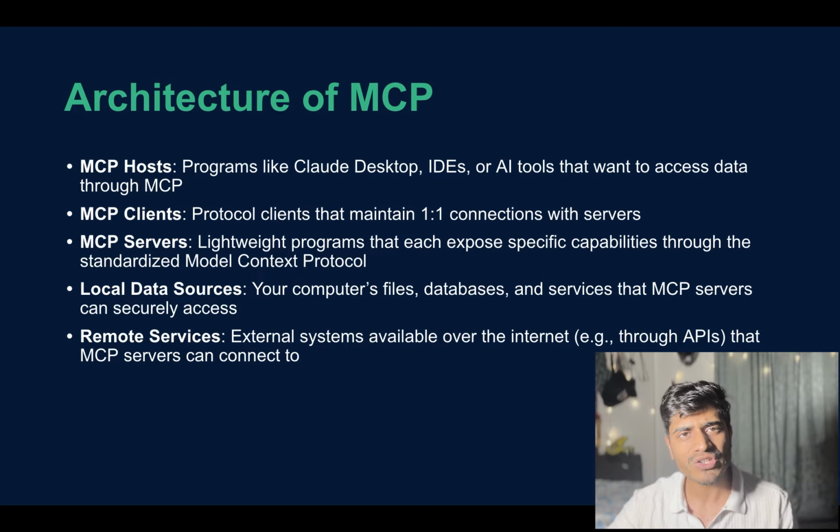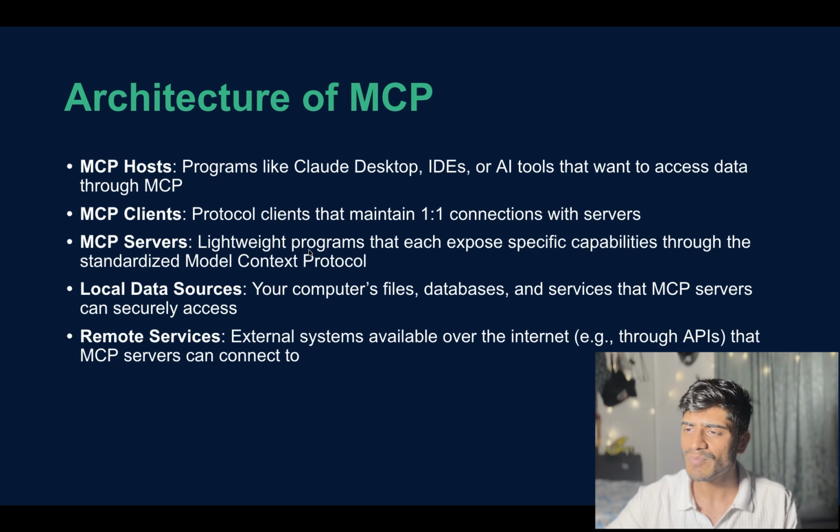Now, what are MCP servers? These are lightweight programs that you as a developer are going to write, and they expose certain capabilities. The AI model can use these capabilities in order to perform any operation that the user wishes to perform on those downstream systems.